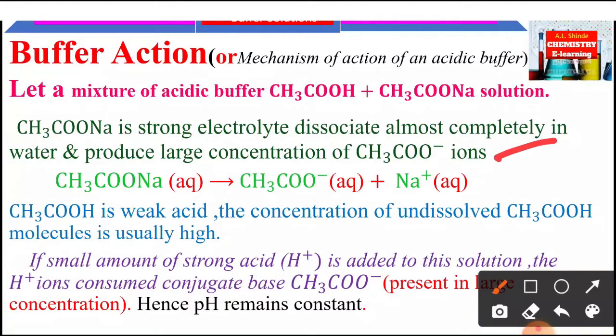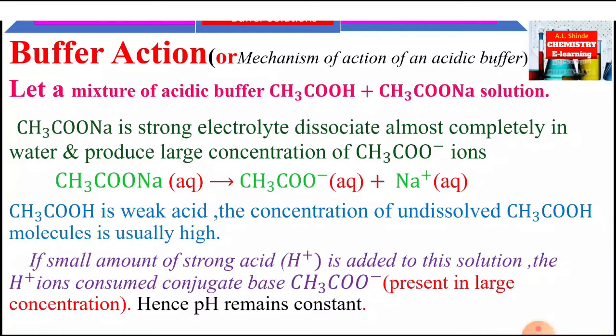Acetic acid is a weak acid. The concentration of undissociated acetic acid molecules is usually high. Now, if a small amount of strong acid that contains H plus ions is added to this solution, the H plus ions combine with the conjugate base, that is, these acetate ions present in large concentration.